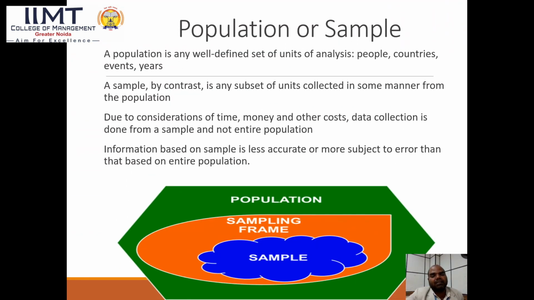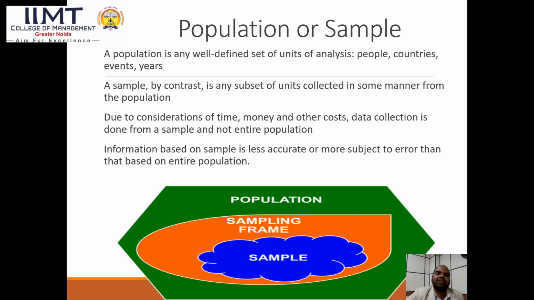Population or sample? What is the difference between population and sample? A population is any well-defined set of units of analysis, like people, countries, events, years, is a whole population. A sample, by contrast, is any subset of units collected in some manner from the population.